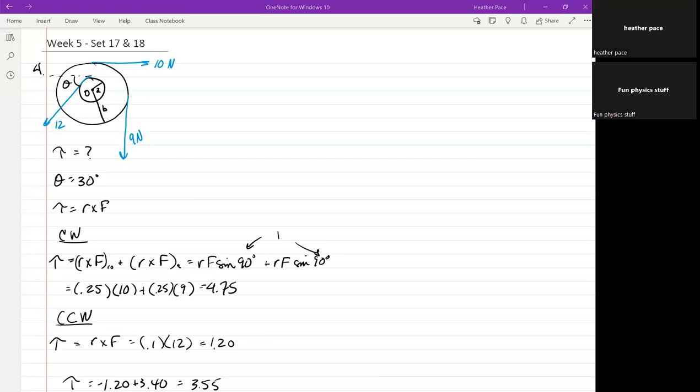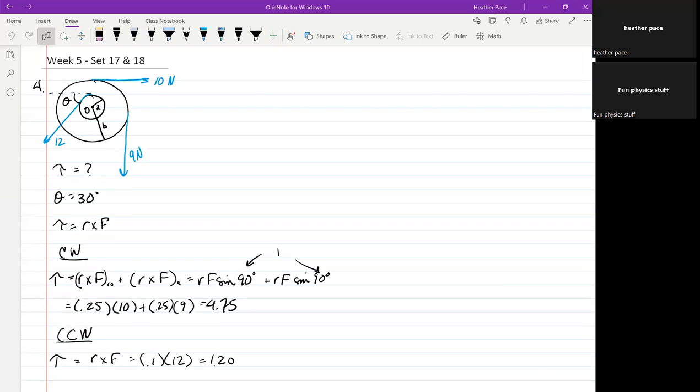We have a force going straight down, still going clockwise, 9 newtons. We've got a force going counterclockwise on the inside of the wheel at 12 newtons. Guess I didn't draw newtons there. I should have.